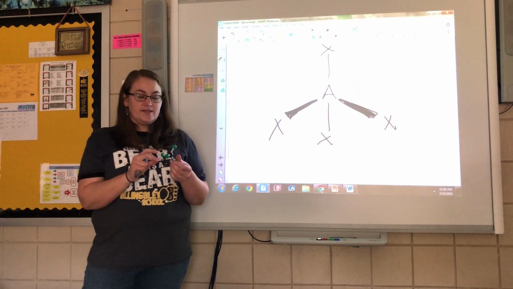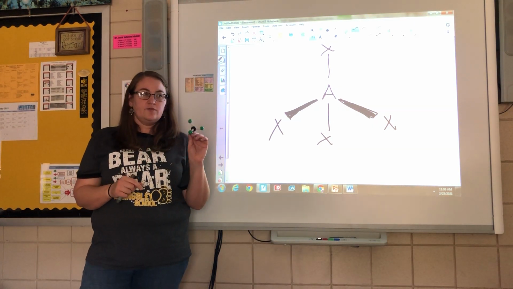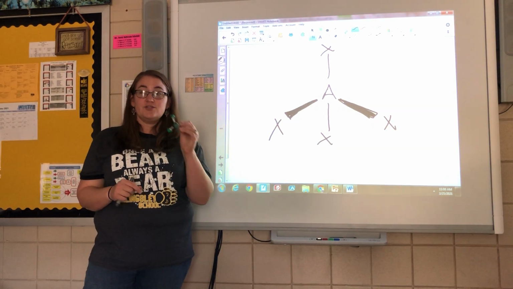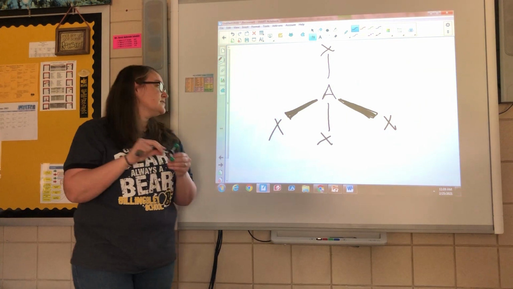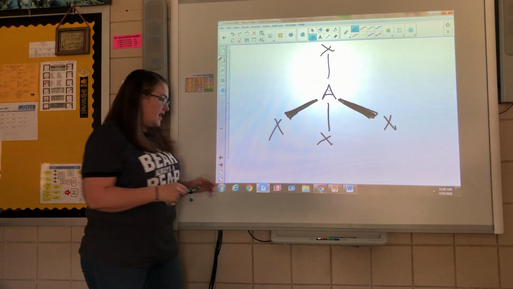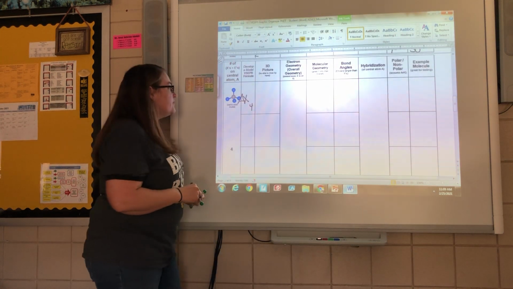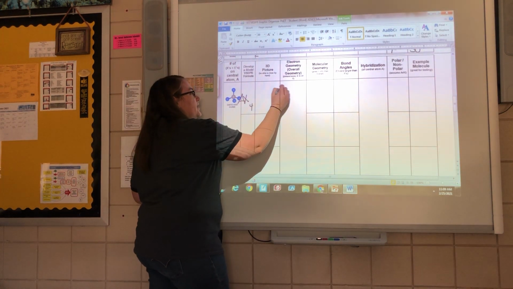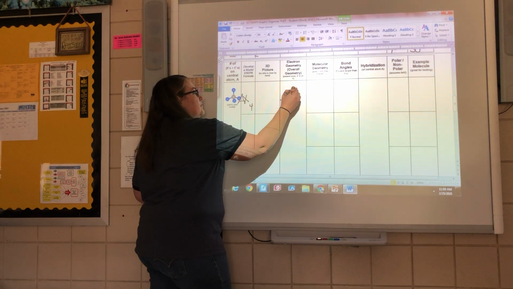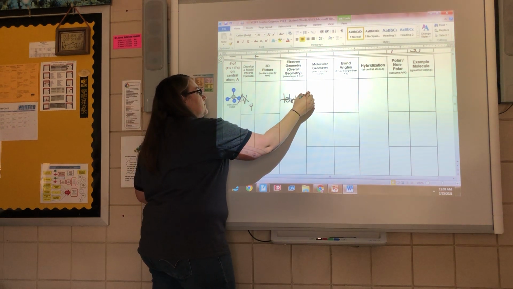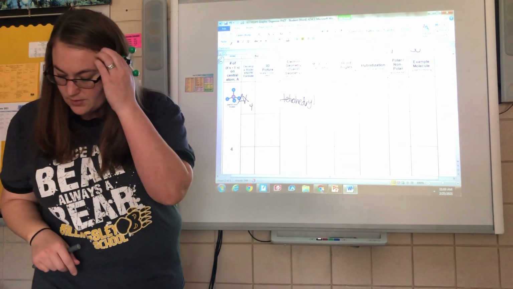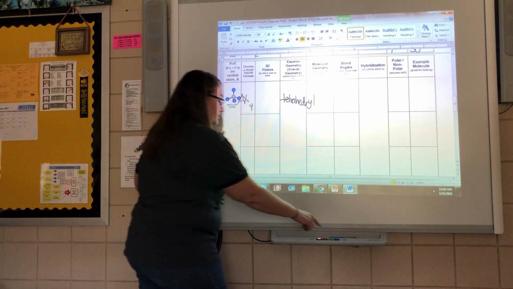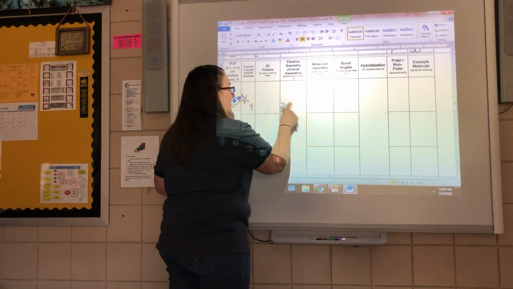Now, what is the prefix that we used for 4? Tetra. The shape of this, if I go back to my chart, is called a tetrahedral. Let me spell that for you because I know it's hard to read.